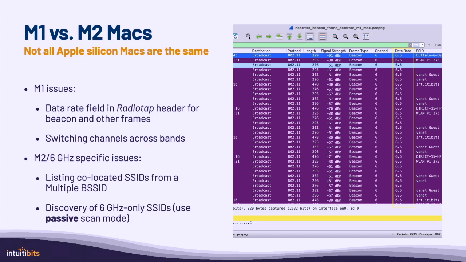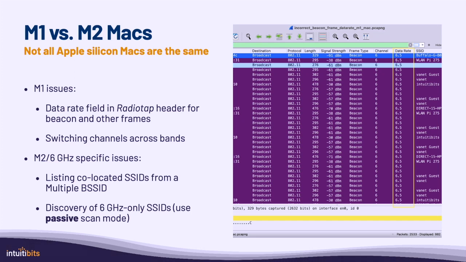I mean, it's not a thing for management frames. It was missing, and Wireshark was trying to estimate the data rate, and it was doing it incorrectly. Then I wasn't able to switch between channels across bands, all those things.